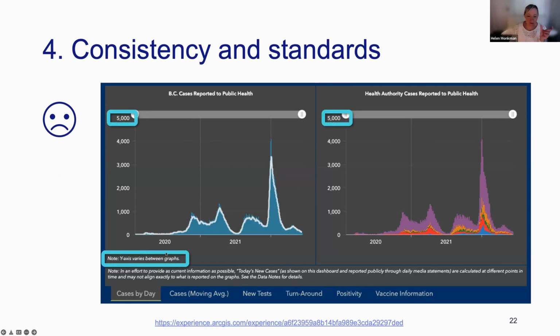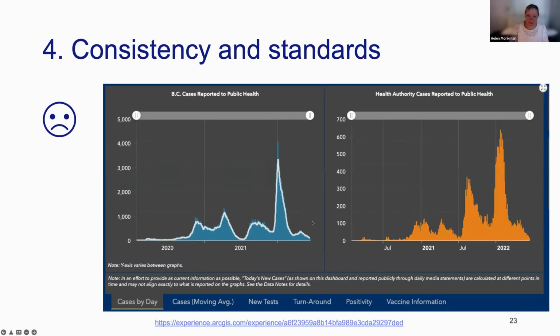So this note stays here, and in some cases the y-axis will vary, but the other thing is it puts it over here where this one is always the same, and then this one will vary. So it doesn't really help us out, and it's not being consistent, because if you're going to change one, you could change both. There are different ways also to solve problems, so we have to think about that.